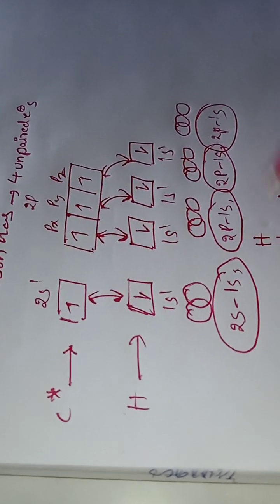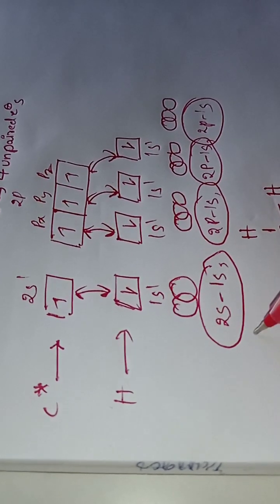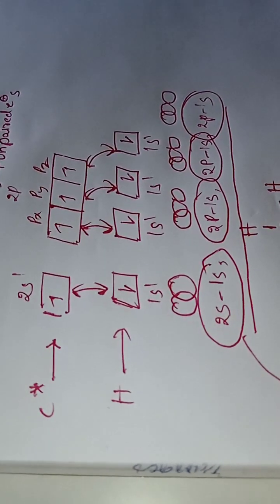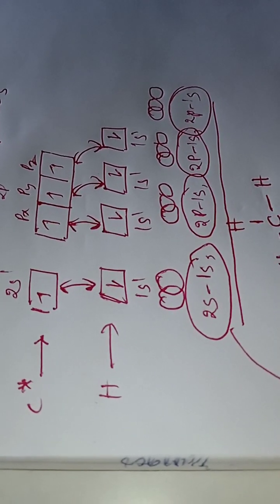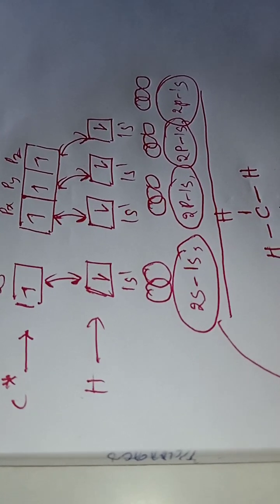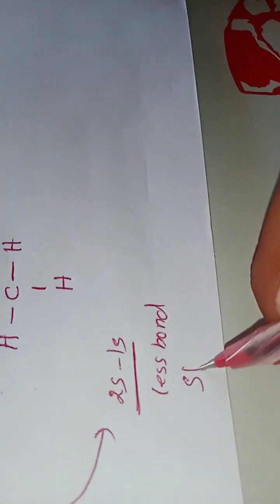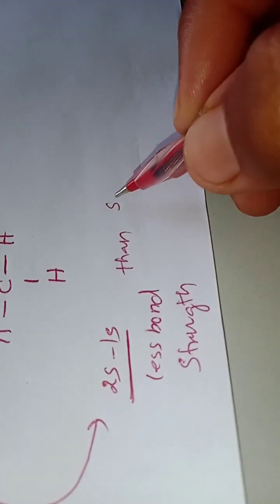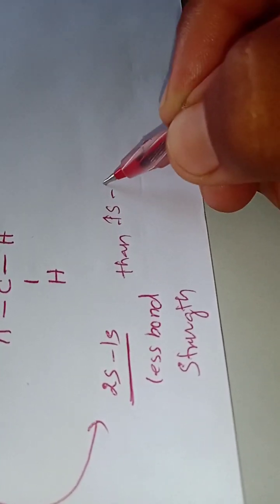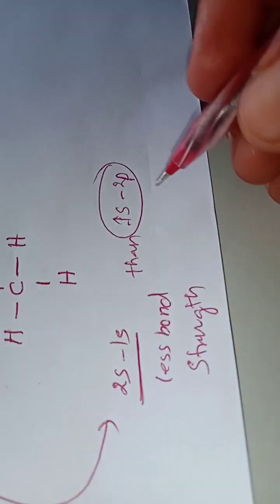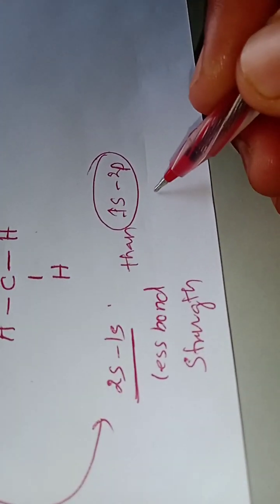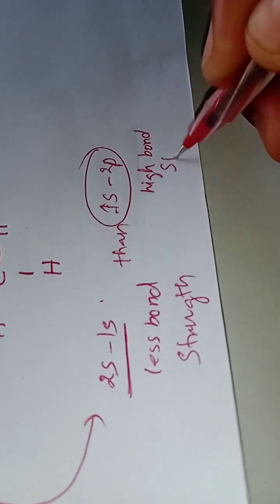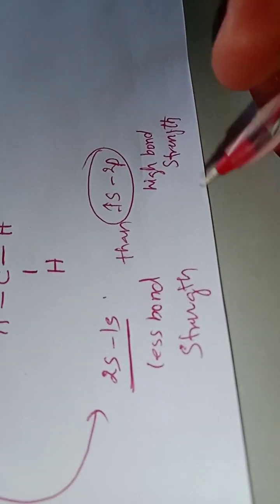We know that, theoretically, this 2s and 1s bond has less bond strength than the 1s and 2p bond, which has a high bond strength.